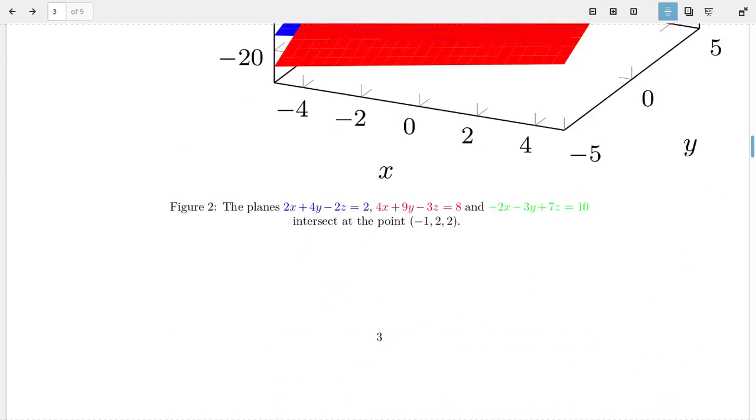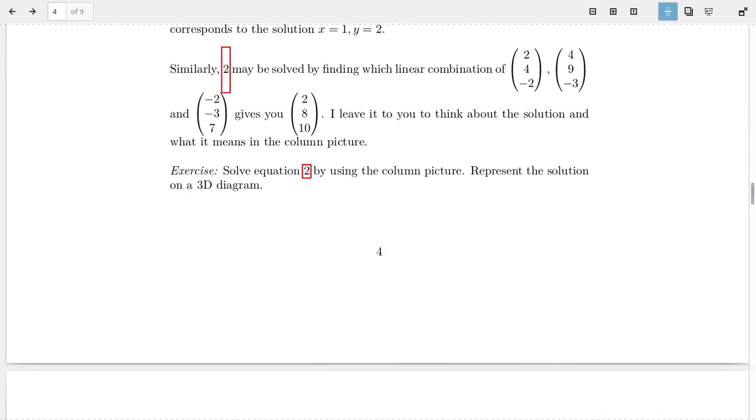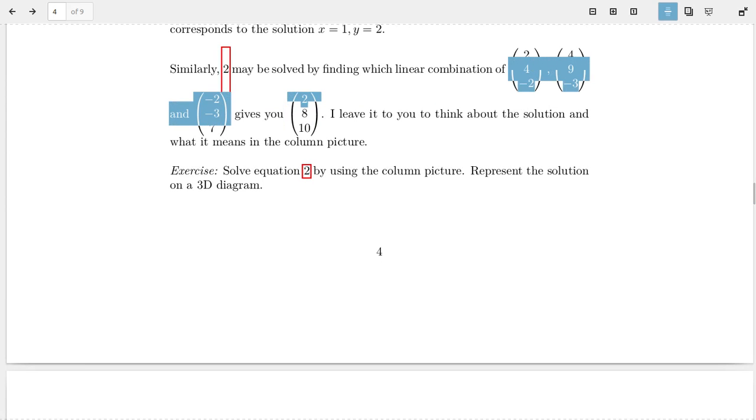That's exactly what we have here. So the question is, what linear combination of these is going to give you 2, 8, 10? Because 2, 8, 10 is what you have on the right hand side.